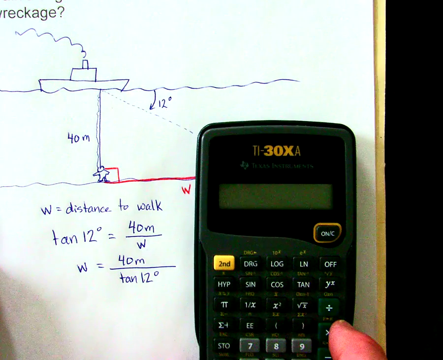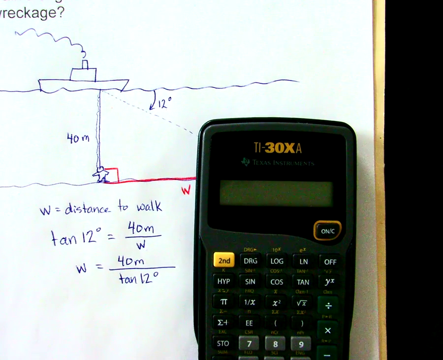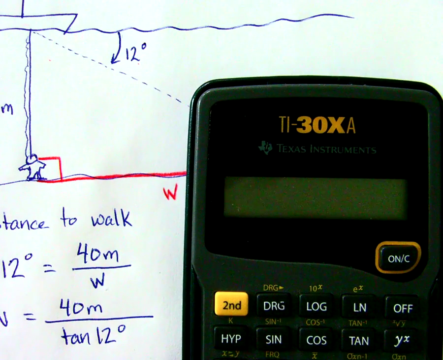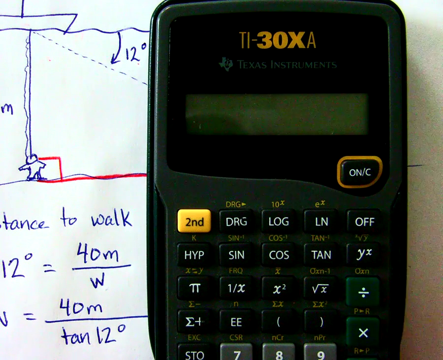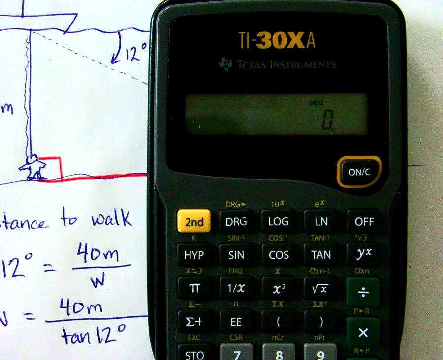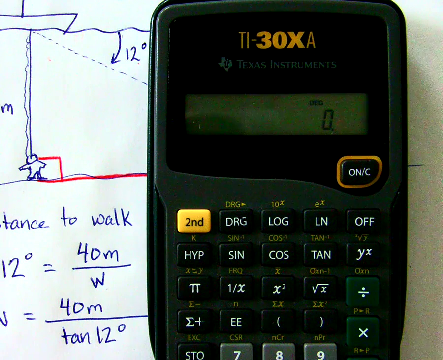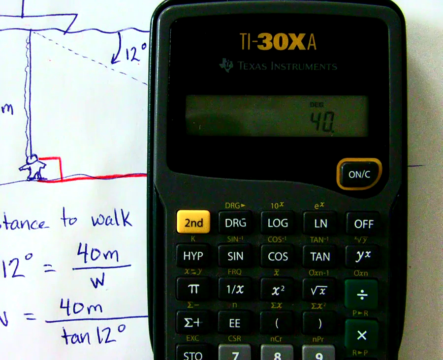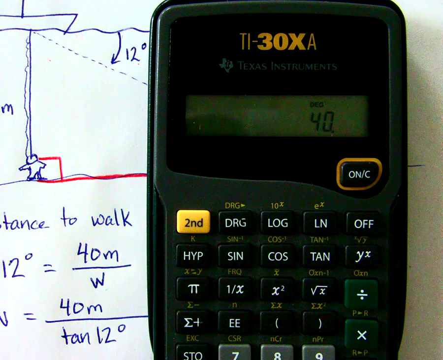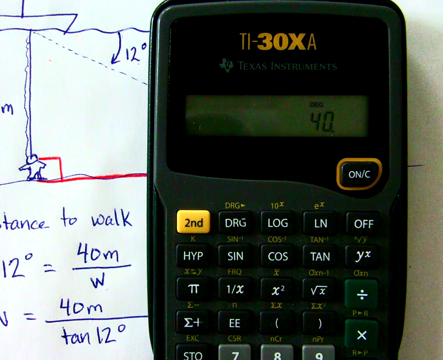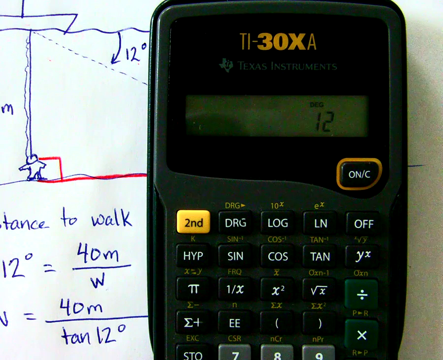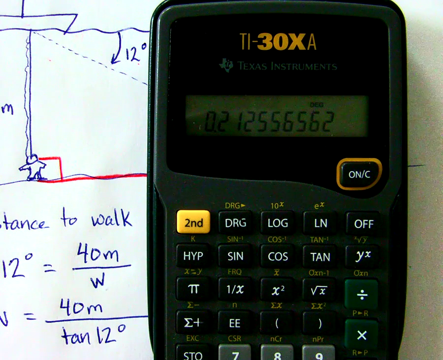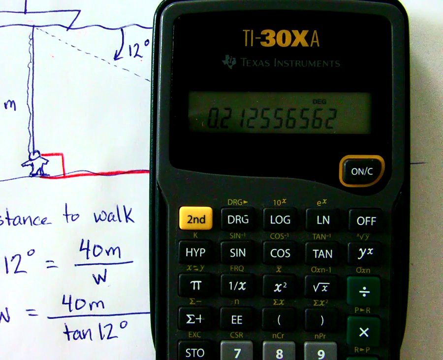So now I'm going to get my calculator out again. I'm going to zoom in a little bit. I'm using the calculator that doesn't show me everything that's going on. So I'm going to have 40 divided by, I'm not going to do the tangent first because then it would take the tangent of 40 degrees. So I did divided by, so now I'm going to do 12. Now take the tangent. Remember, that number just represents the tangent of 12 degrees.